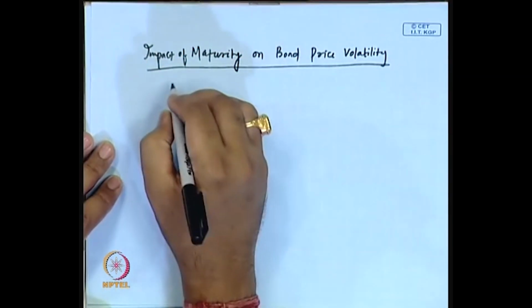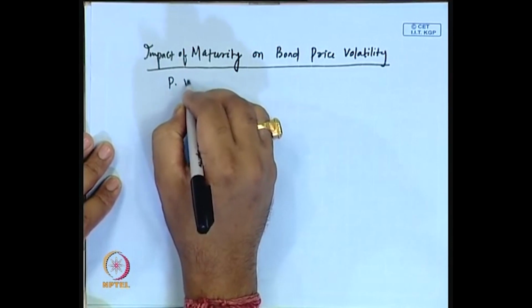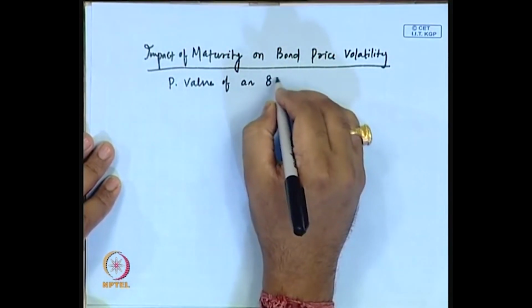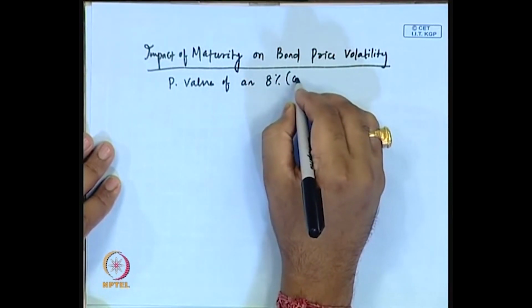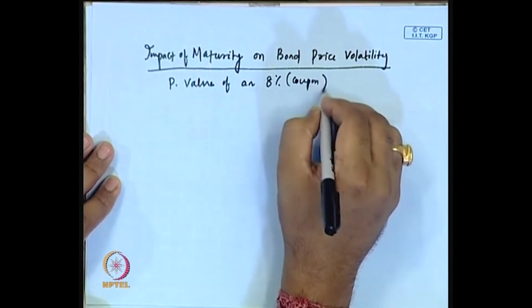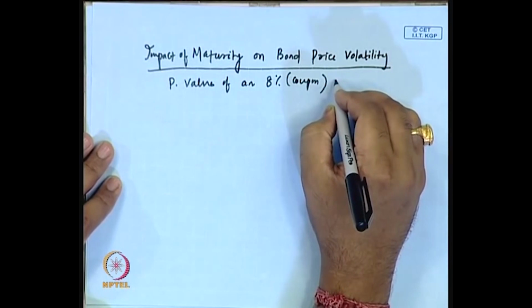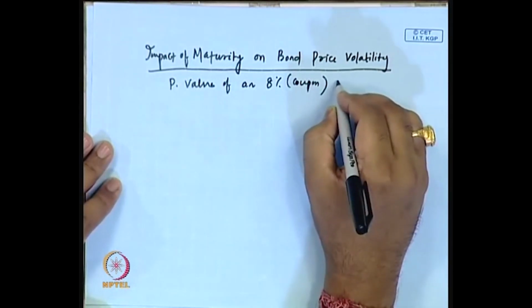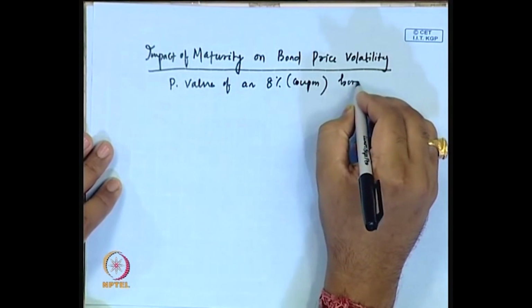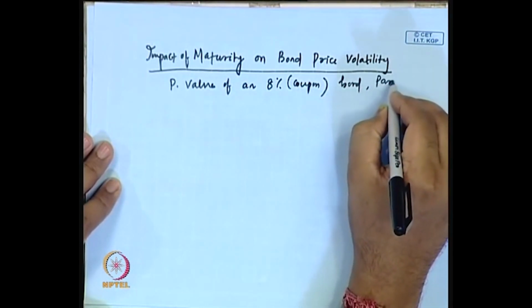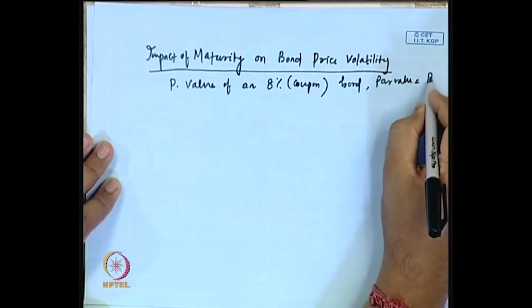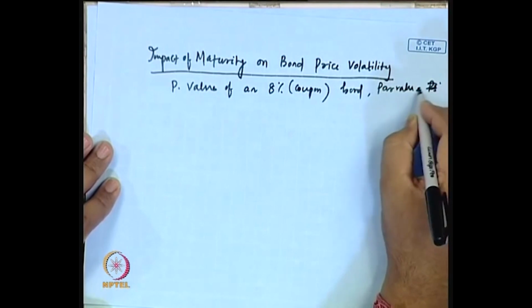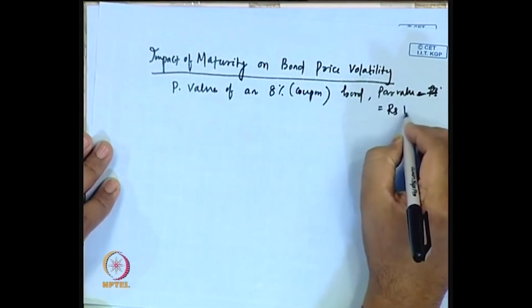Let us calculate the present value of an 8% coupon bond, where the par value is equal to 1000.